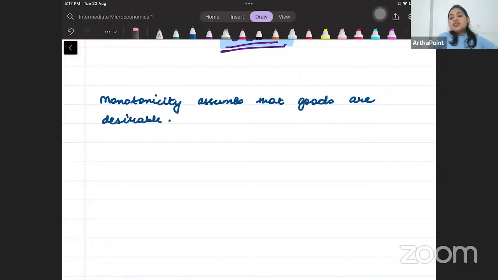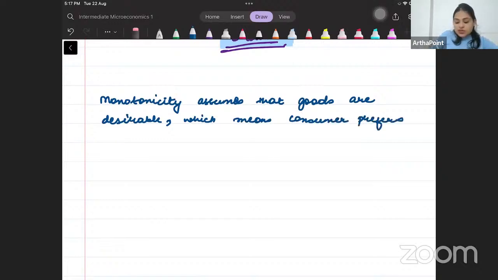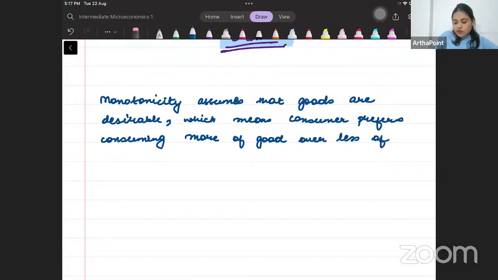So monotonicity is assuming that goods are desirable. Matlab goods are good goods, right? So if goods are good goods, which means that the consumer prefers consuming more of a good over less of a good.